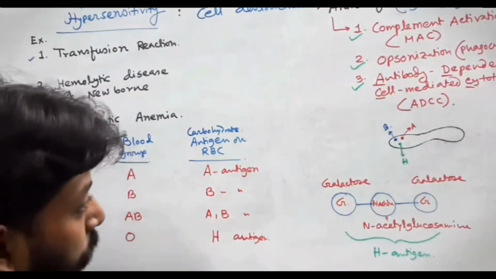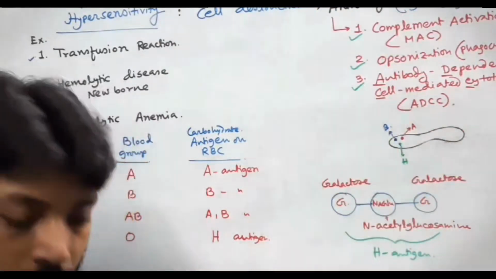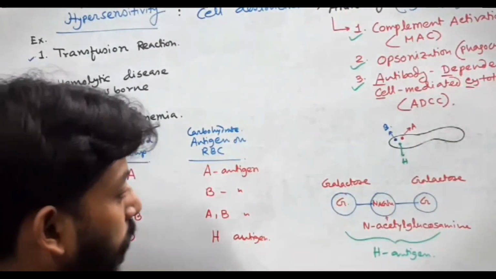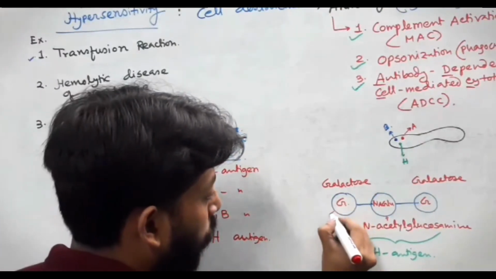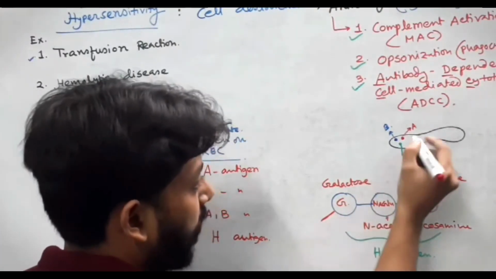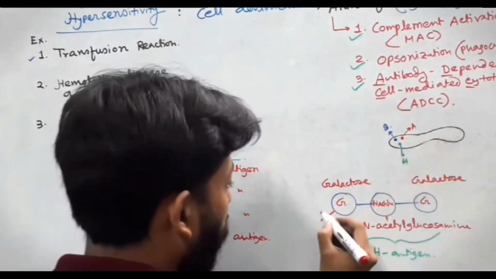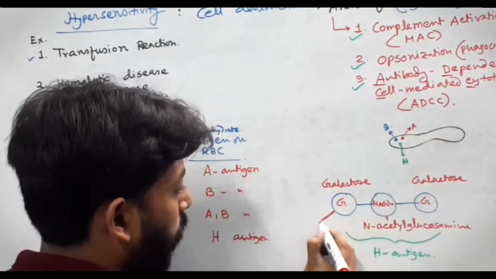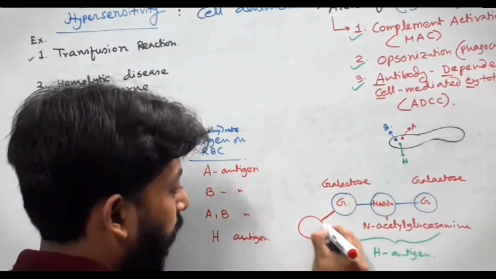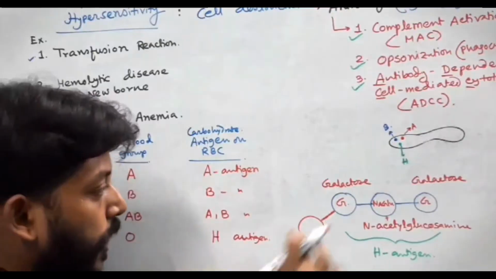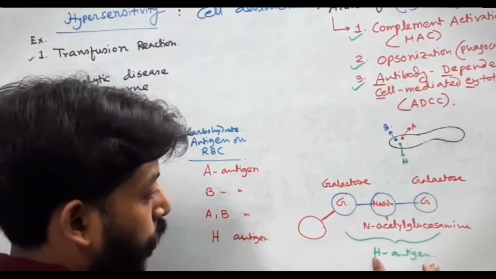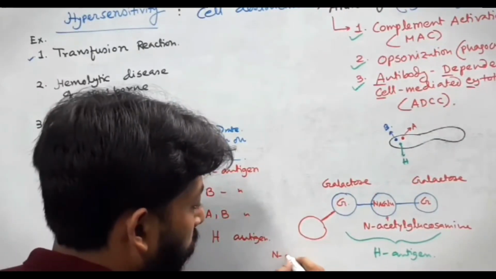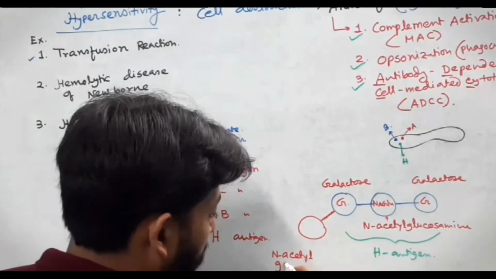Then if it is A blood group, then what happens? In this galactose, another sugar is added. As I have mentioned this red color, so I am showing this sugar molecule as red. So they have another sugar molecule attached with this H antigen, that is called N-acetyl galactosamine.